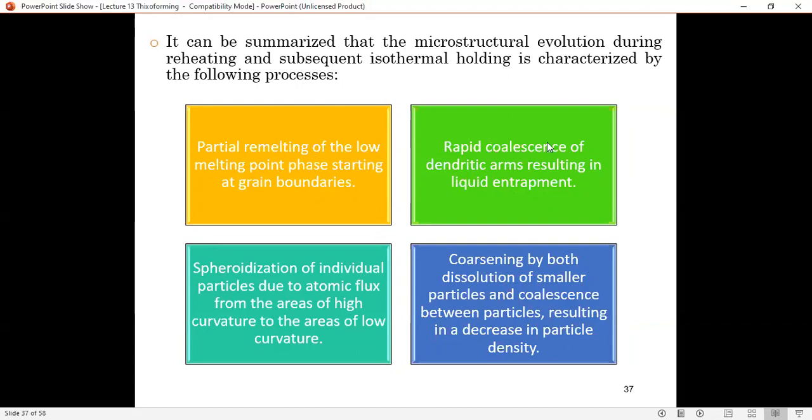Once this is done, there will be a rapid coalescence of the dendritic arms, resulting in liquid entrapment. So when you heat it, the melting starts to happen. All the dendritic arms that have broken down will coalesce, will combine together, resulting in the liquid entrapment as a liquid phase.